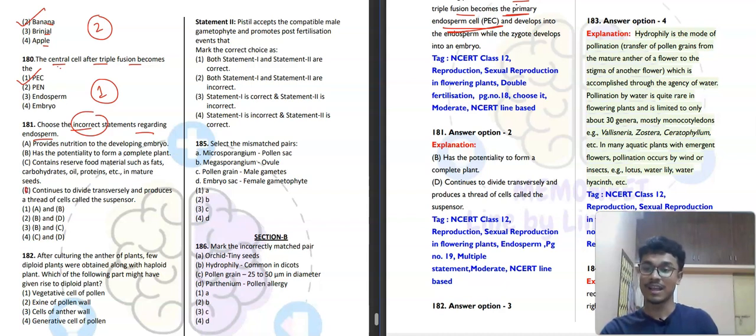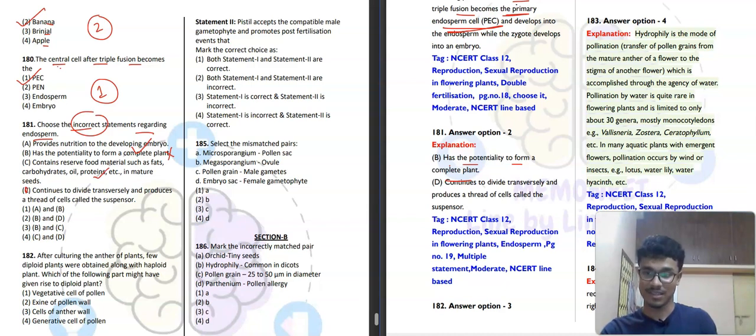The incorrect statements regarding endosperm are these: it does not have the potentiality to form a complete plant, so B is incorrect. Providing nutrition to the developing embryo is correct. C says it contains reserved food materials such as fats, carbohydrates, oil, proteins in mature seeds, which is also absolutely correct for endosperm.